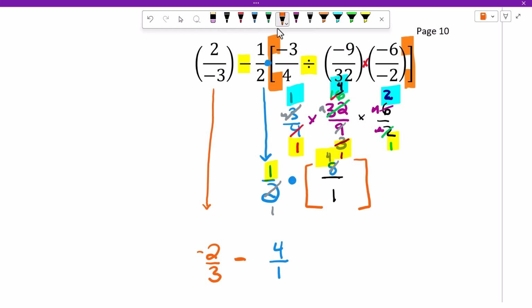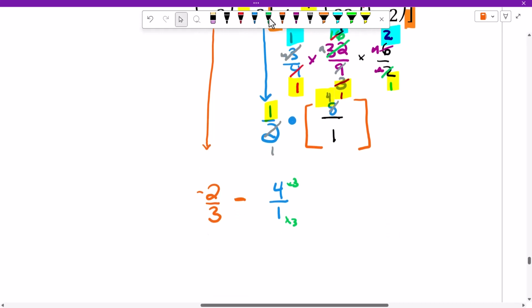For subtracting, we need to find a common denominator. What's a common denominator? 3. So the first fraction doesn't need to change. Notice, I could have written the answer as just 8 here and just 4 there. I kept them as 4 over 1 and 8 over 1 because we're working with fractions. I knew we were going to need the denominator at some point later, so I just kept that 1 there. So I'm going to times this by 3.